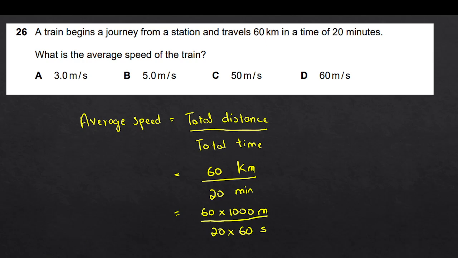Here we can cancel 60 and 60, and it's 1000 by 20. 1000 by 20 is 50 meter per second. So the average speed of the train is 50 meter per second, which is option C.